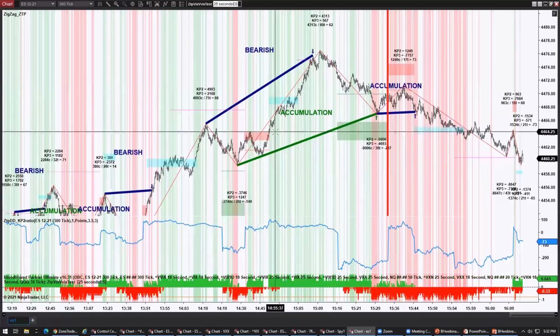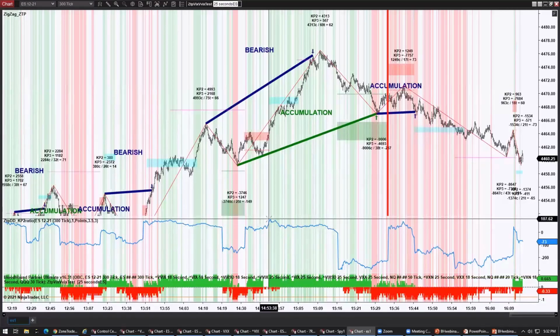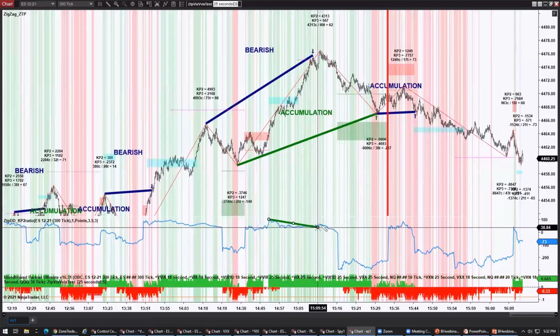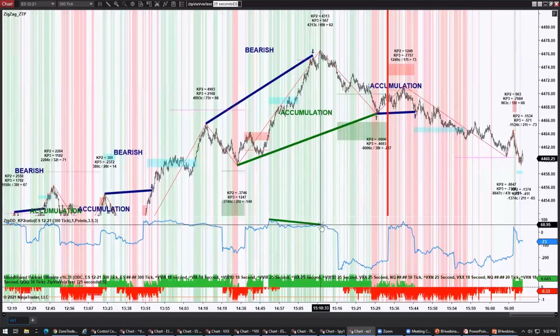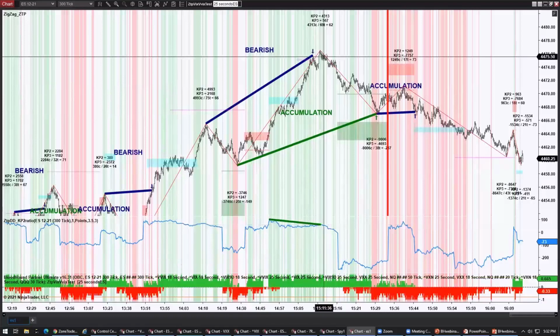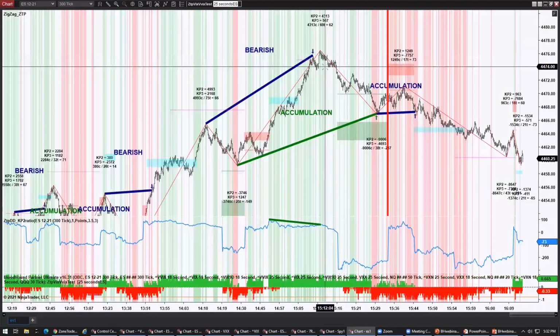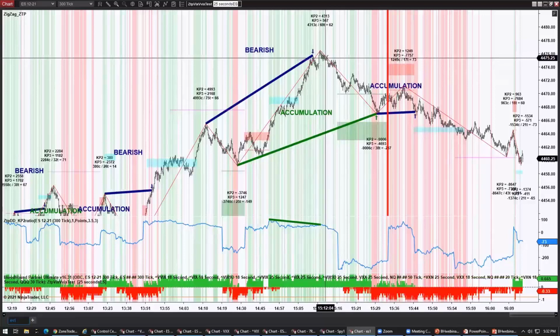And the read of this indicator basically is telling me that as price is trading higher, they are not trying to put in any resistance. And so if I were to get a short signal up here, I wouldn't want to take it.